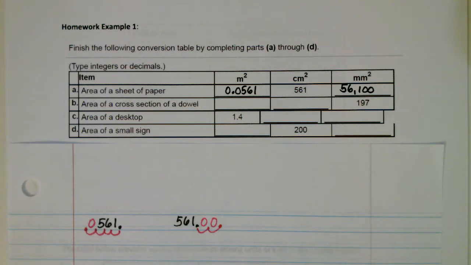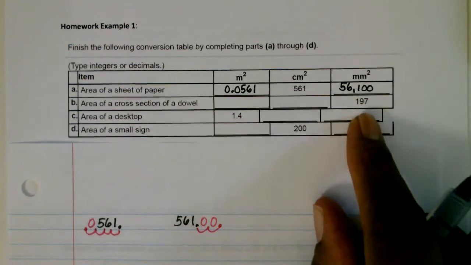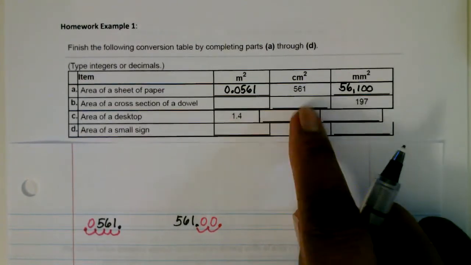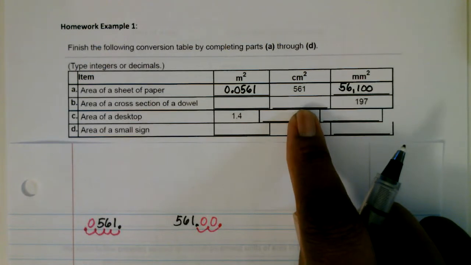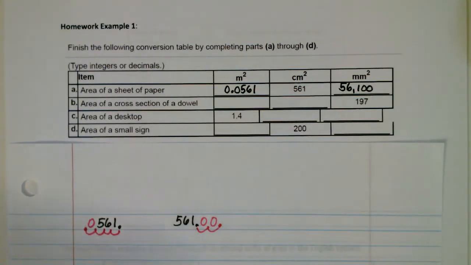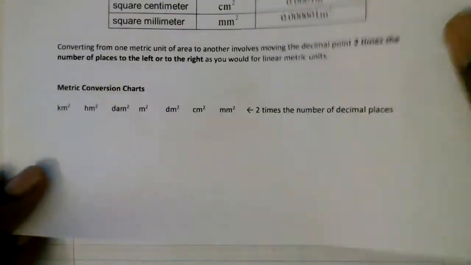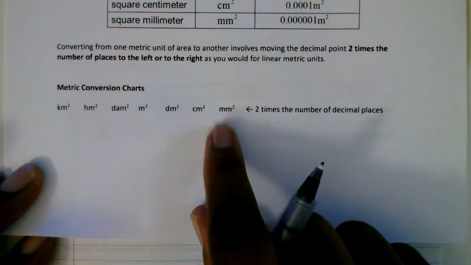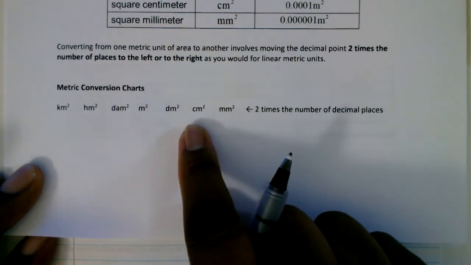Part B, the area of a cross-section of a dowel. It's 197 square millimeters. I want to convert that to square centimeters and to square meters. Let's start with the square centimeters. We're going from square millimeters to square centimeters.